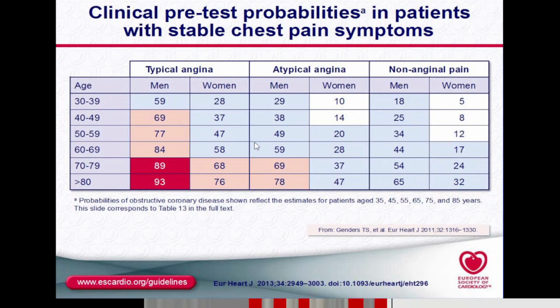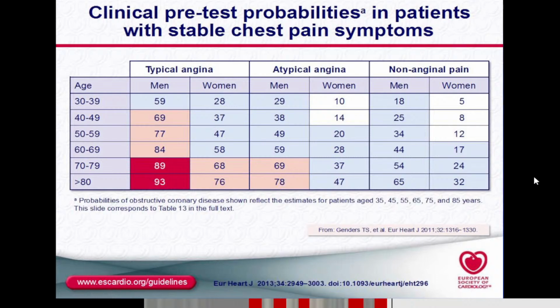And in general, in the older age population, the prevalence in men is higher than in women. So, as we joke, please take care of men because the probability of real coronary artery disease in women is less.